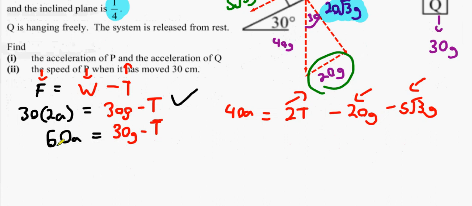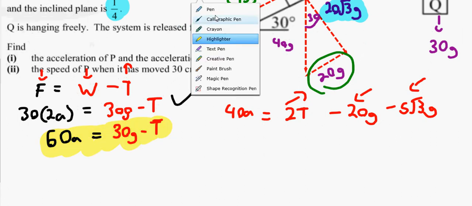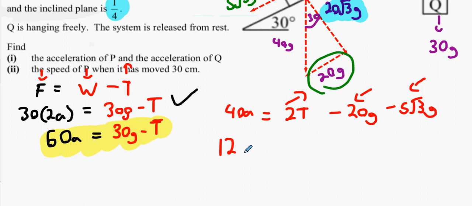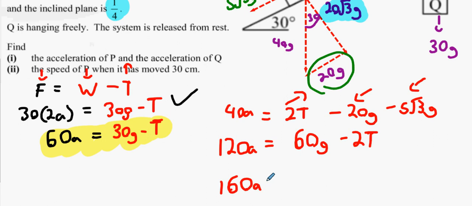Alright, what I'm going to do is multiply this yellow equation here by 2. I'm hoping I can add on to both sides then. So I think I'm going to get 120a equals 60g minus 2T. These are going on a height, so I'm going to get 160a equals 40g minus 5 root 3g.